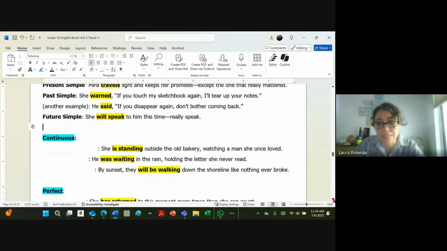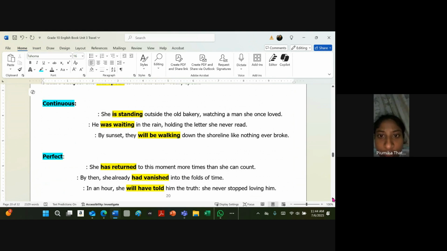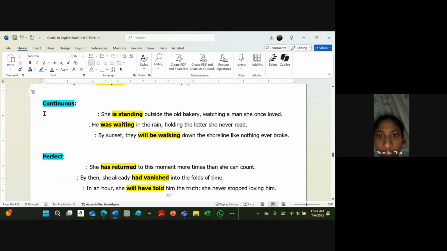And now for continuous. She is standing outside the old bakery, watching a man she once loved. Continuous.